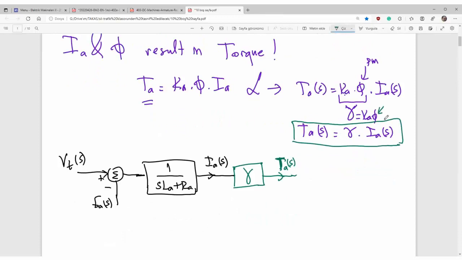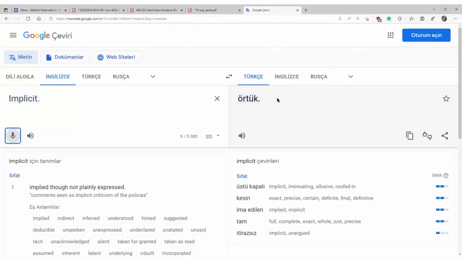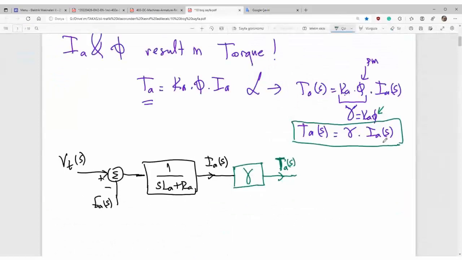It is a bit implicit, something hidden. Here is flux, the magnetic world, but it is hidden somewhere here. The magnetic field, the magnetic medium, is behind this block.